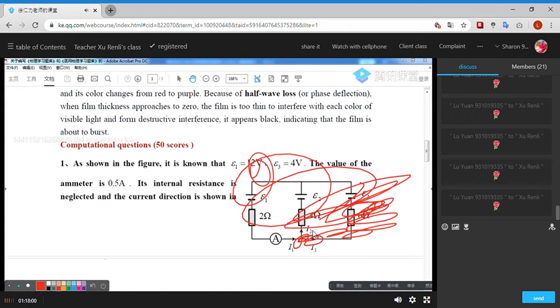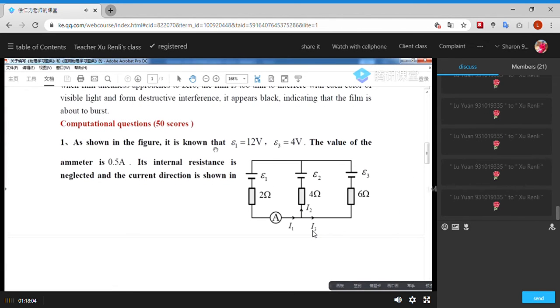Yes. Actually, as shown in the figure, epsilon 1 is 20V, epsilon 3 is 4V. The value of the ammeter is 0.5 ampere. Where is the ammeter? Here is the ammeter.